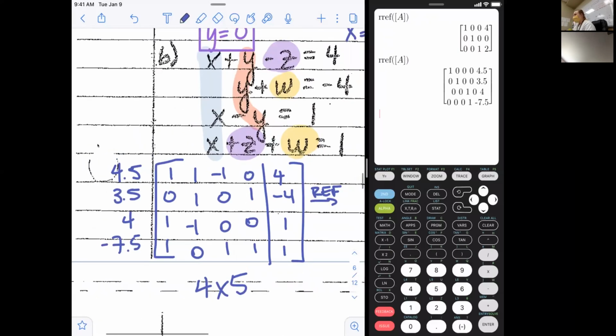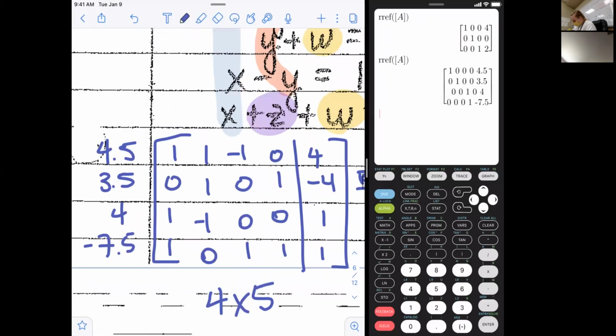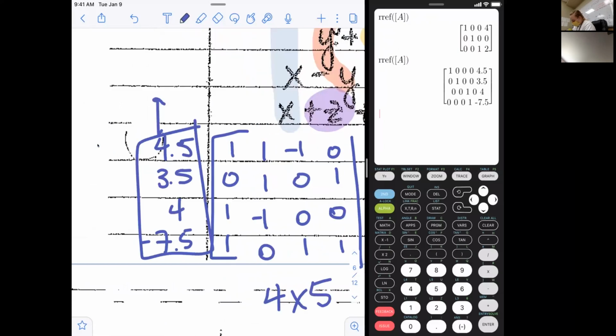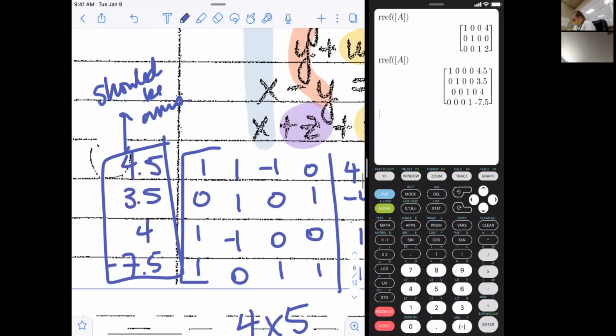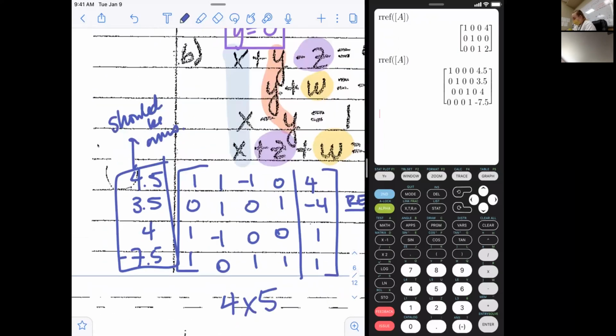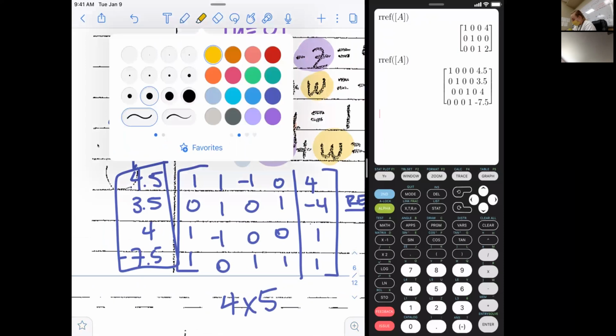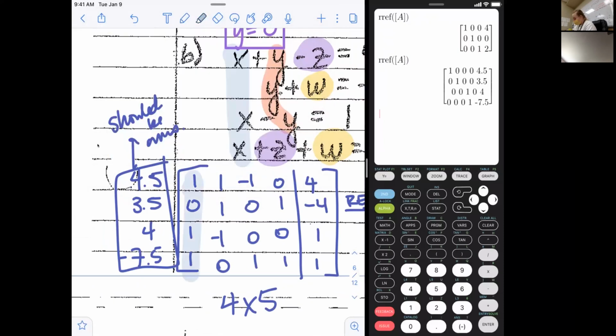Just a reminder in case I didn't explain this, these should be our answers. This is us pre-checking our work. A reminder that the whole first column was my x's, so since on my calculator that 1 was in the first column, that's how I know that 4.5 should be my x.